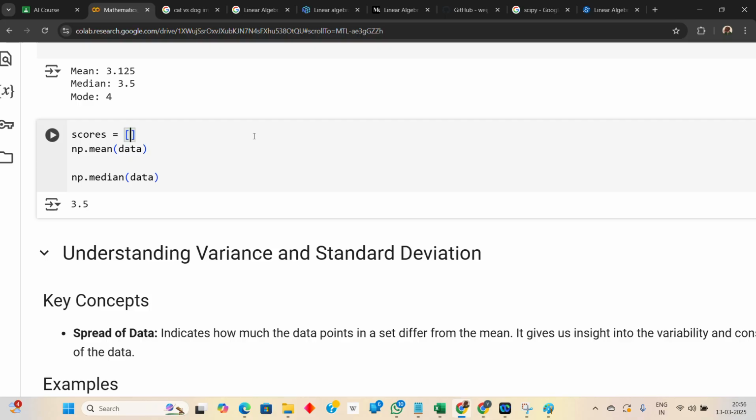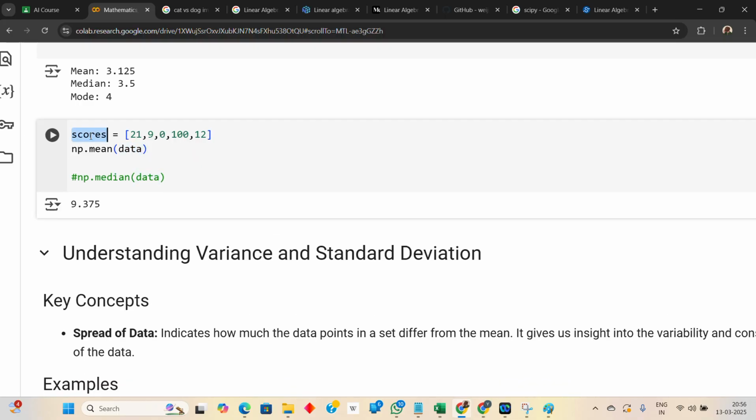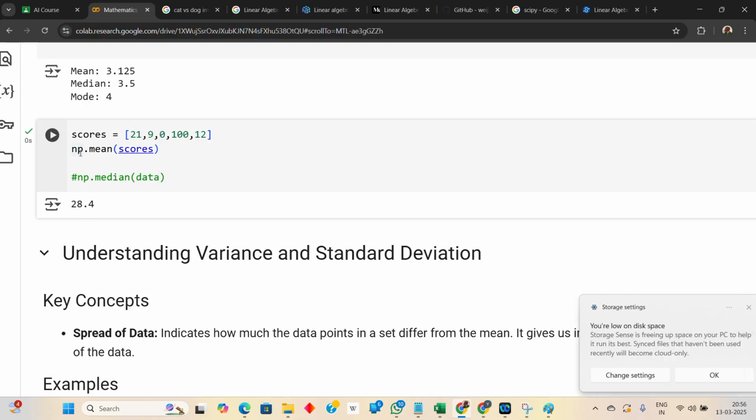These are the scores: 21 in the first match, 9 in the second, a duck in the third, meaning 0, 100 in the fourth match, and 12 in the fifth. So what is the average here? The average is 28.4.